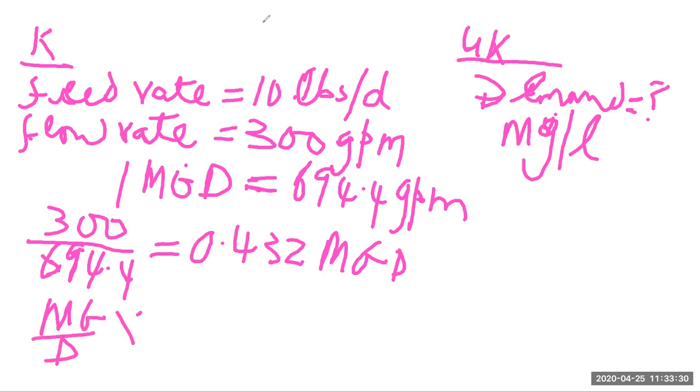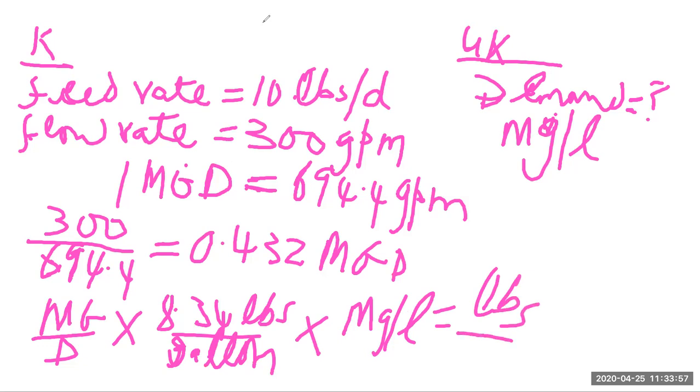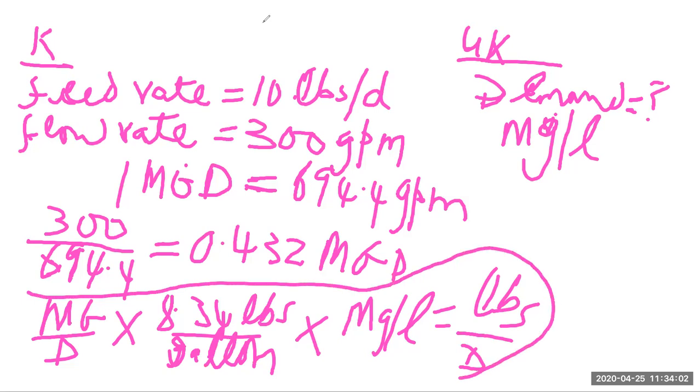Remember that, I'm putting it down again: 8.34 pounds per gallon by your dosage in milligrams a liter. We'll always give you a feed, which is pounds per day. You have that already. I'm just reminding you of the formula.